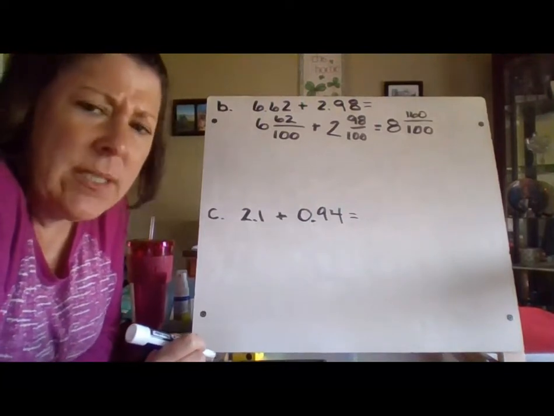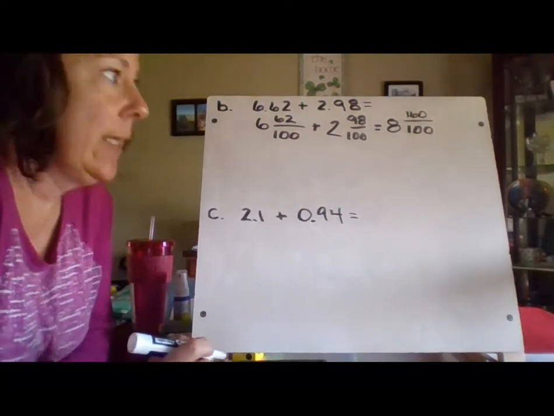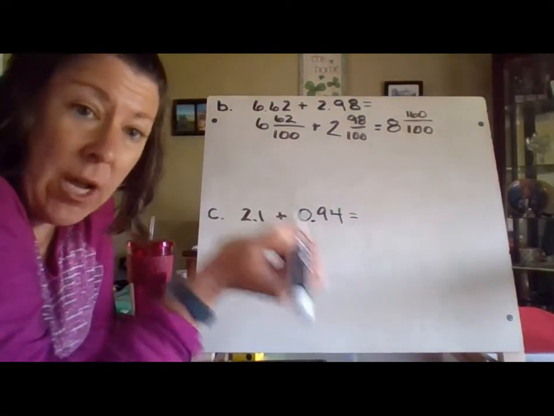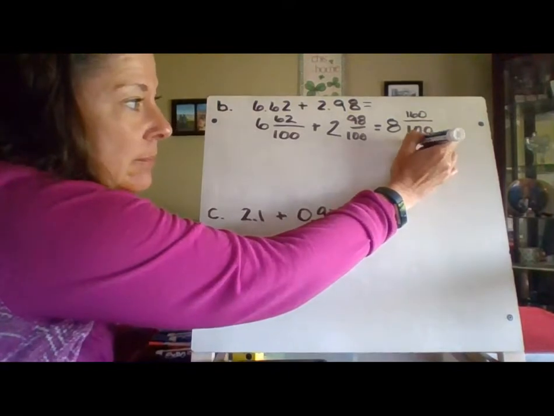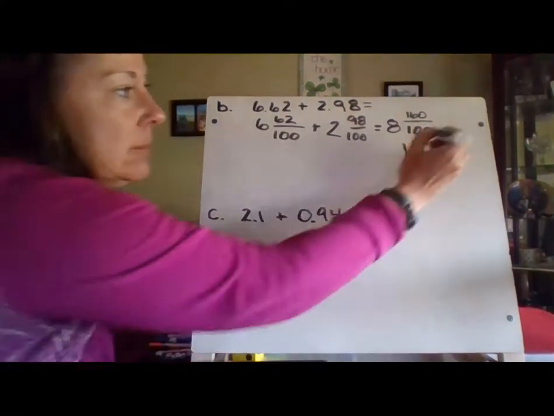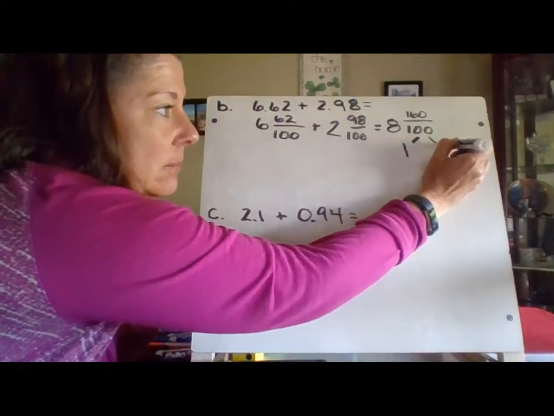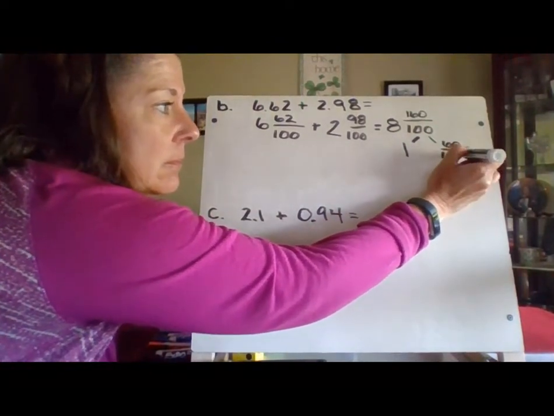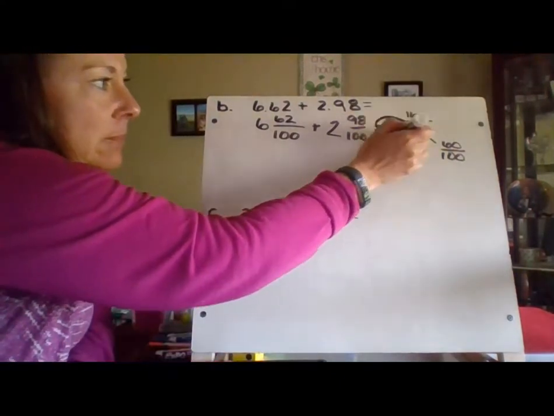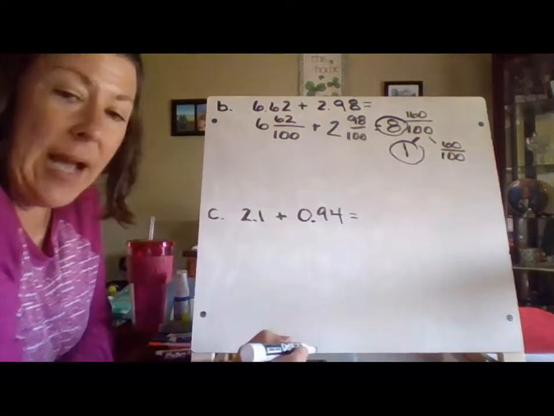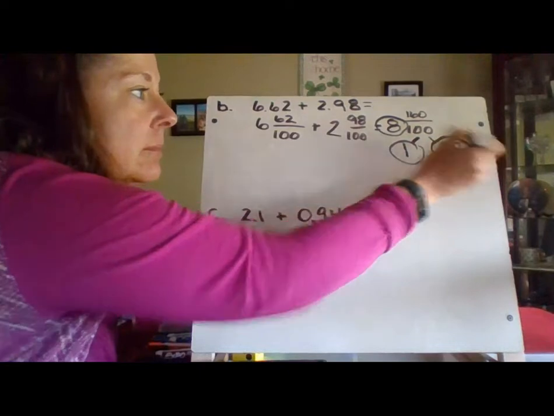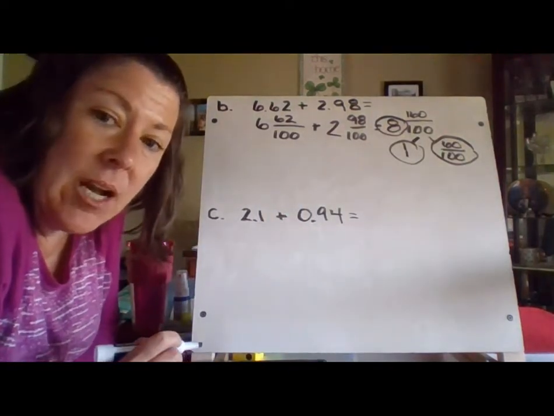Eight and 160/100ths. Ooh, yikesers. So I know again, that 100 hundredths is 1 whole. So if I take 100 hundredths out, I still have those 60 hundredths. I have my 8, I have another 1, and I have my 60 hundredths.